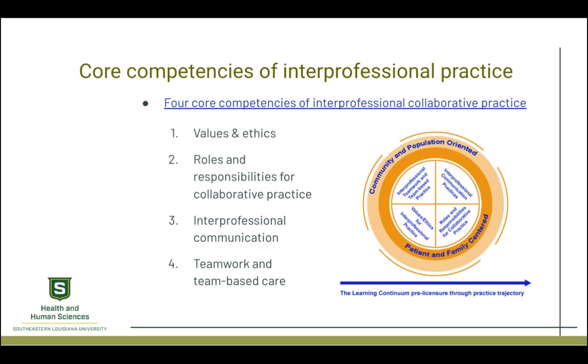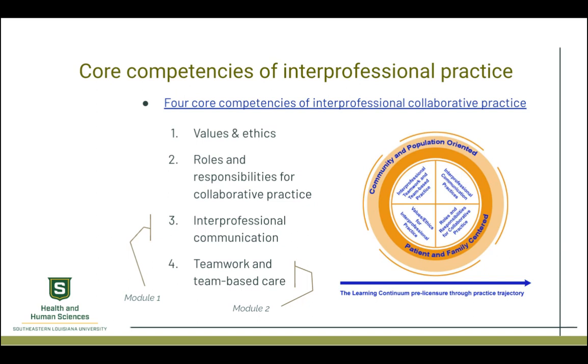So this is what that looks like within the setting of community and population orientation, and it needs to be situated within patient and family considerations, being patient and family centered. We have talked about interprofessional communication in the first module, and then we talked about teamwork and team-based care in module 2.